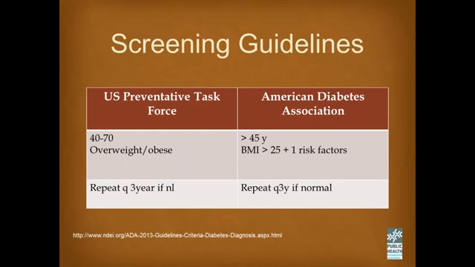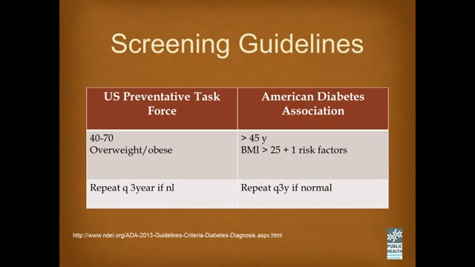These are 2 of the screening guidelines that are published. There are others, but in my practice, and I know in a lot of practices, we tend to use the ADA guidelines. And we look at 2 major categories. Age category, so anyone over the age of 45 is considered at risk for developing diabetes.